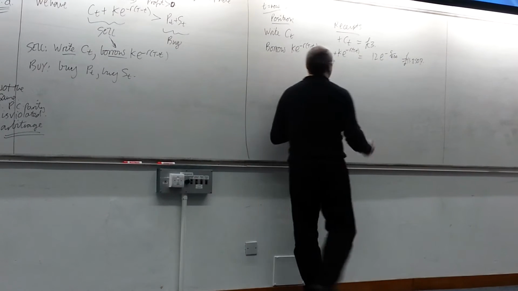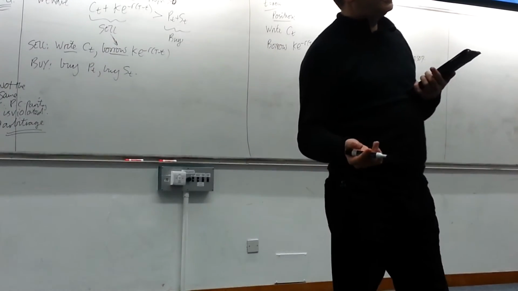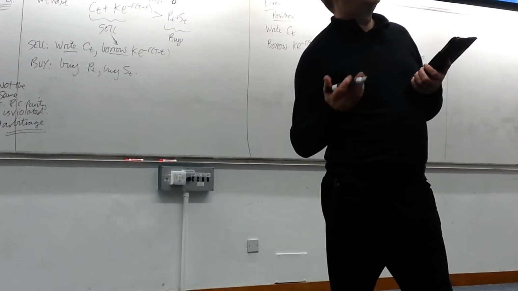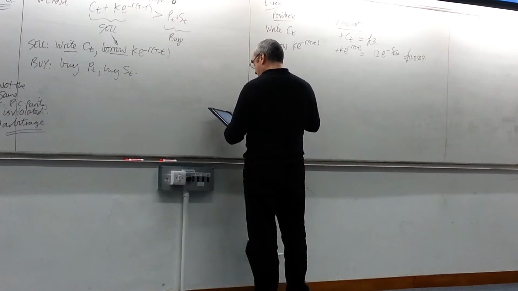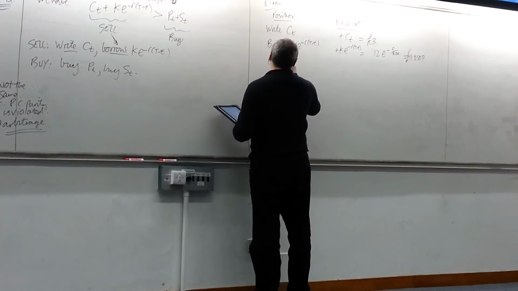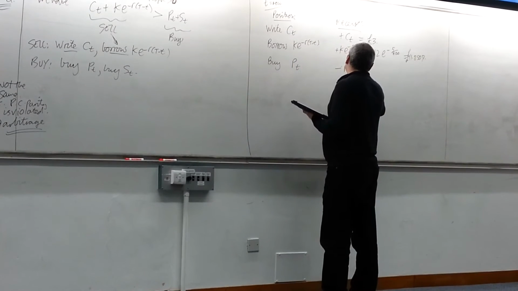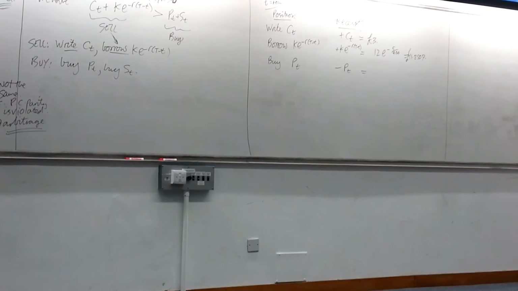So I'm borrowing that money. I'm assuming that the interest rates of borrowing and paying back are the same. Again, this is a massive assumption because in practice they're not, but in a no arbitrage environment, you only have one interest rate. So now I buy P_t, and that means I've got to pay out P_t. How much is P_t? P_t is £6.